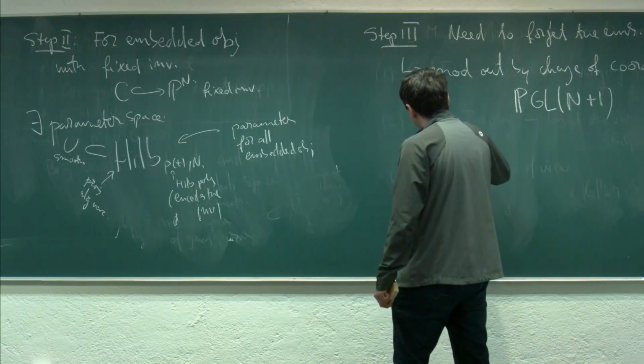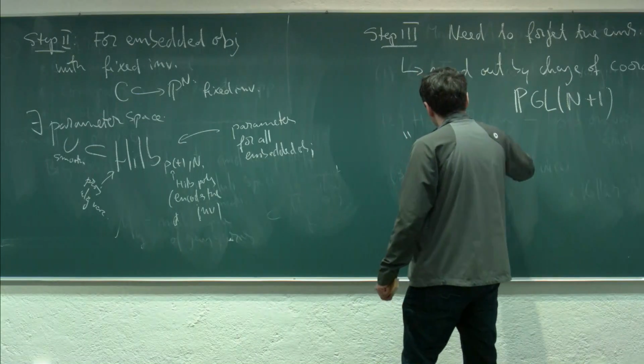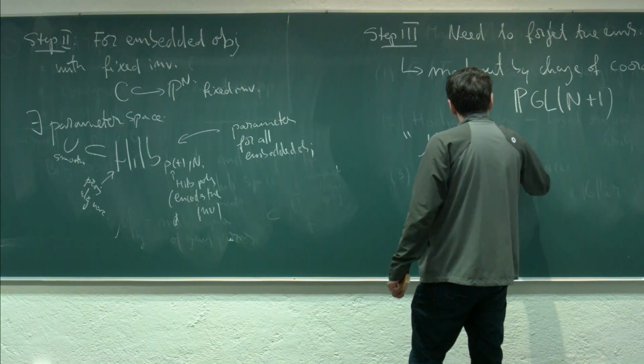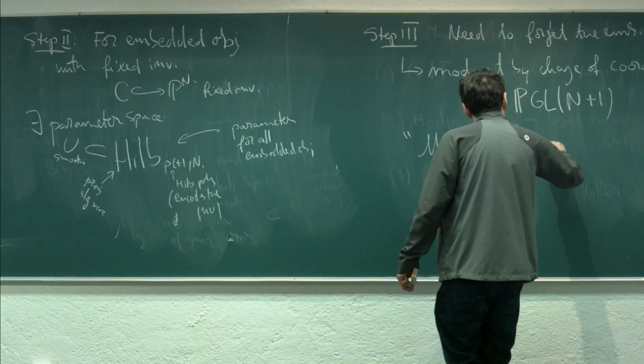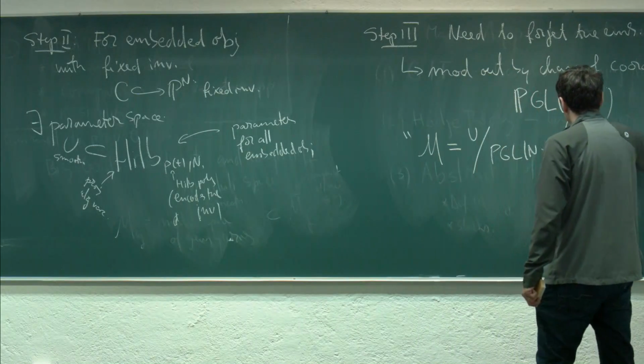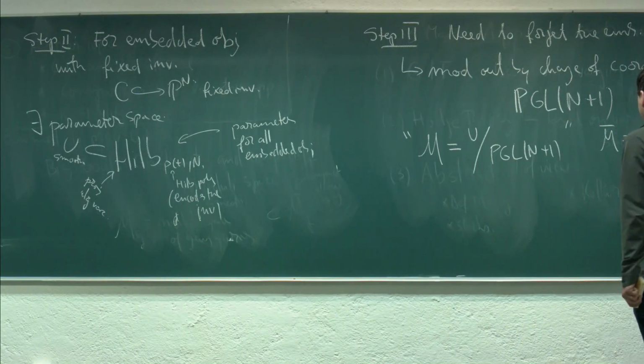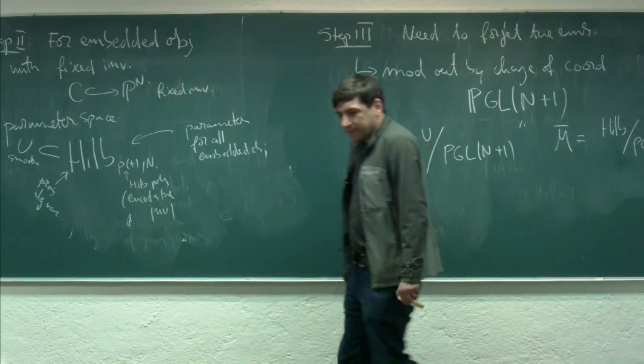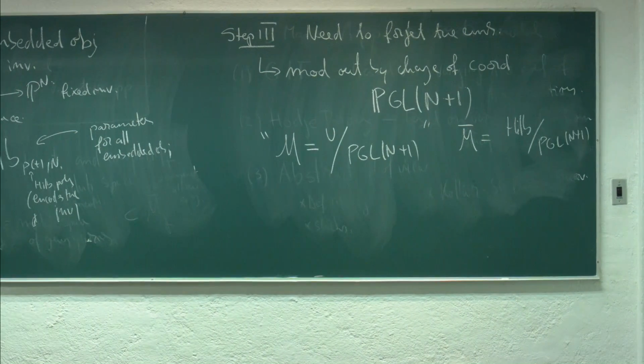In the end, your moduli space would be this U modulo PGL(N+1), or maybe some sort of compact version would be the Hilbert scheme modulo PGL(N+1). Okay.